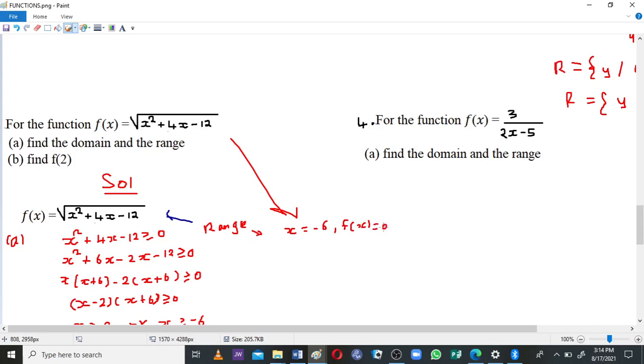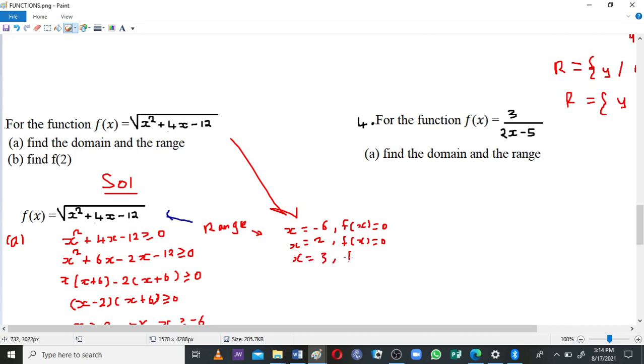You can check that f(x) is going to be 0. If you plug in x is equal to +2, your function, that is f(x), is going to be equal to 0 as well.